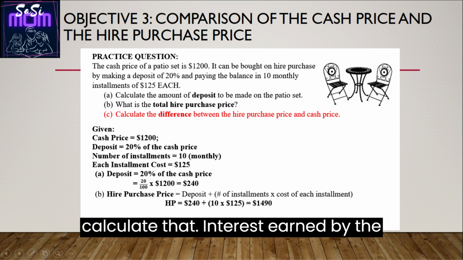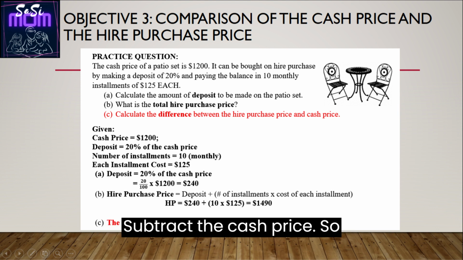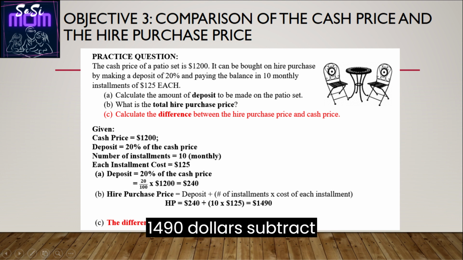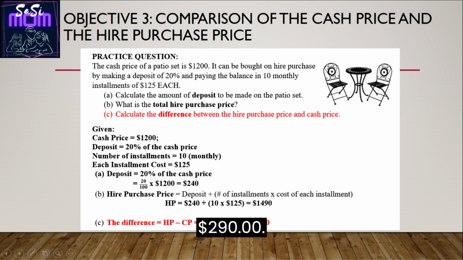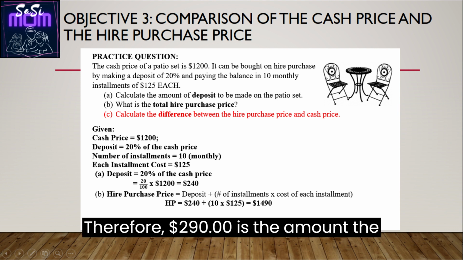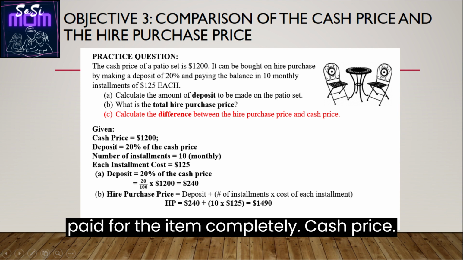Let's calculate that. Interest earned by the retailer is hire purchase price subtract the cash price. So $1,490 subtract $1,200 gives a difference of $290. Therefore $290 is the amount the consumer will save if they did not take the hire purchase plan, but instead paid for the item completely at cash price.